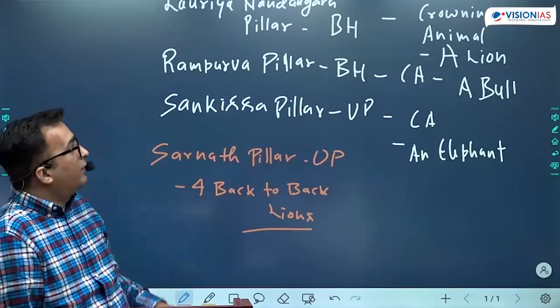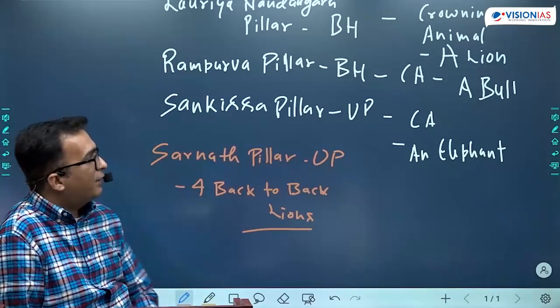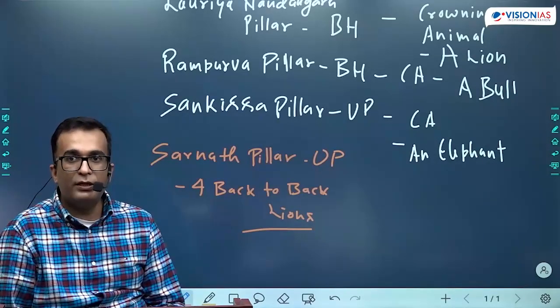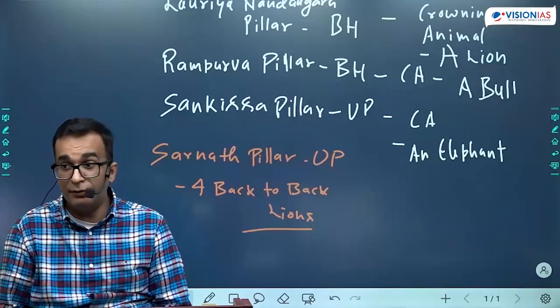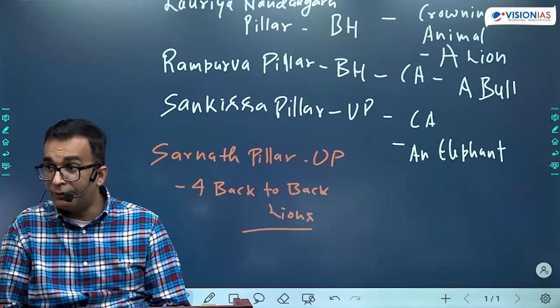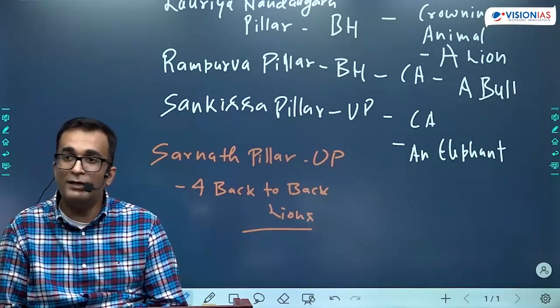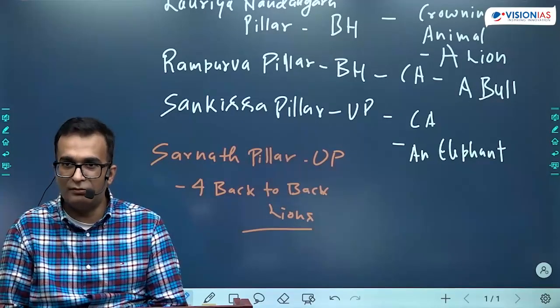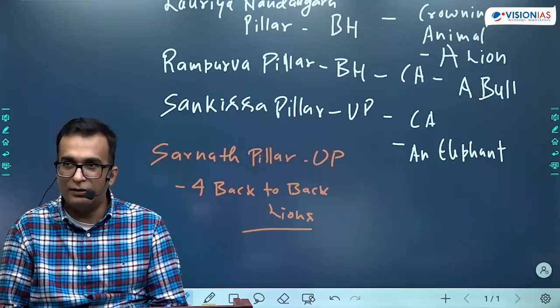So first of all, three animals we have mentioned over here: a lion, a bull, and an elephant. Okay. So in Buddhism, there is a lot of symbolism with all these images. When it comes to the lion, what is it indicative of? Strength, power, kingship.